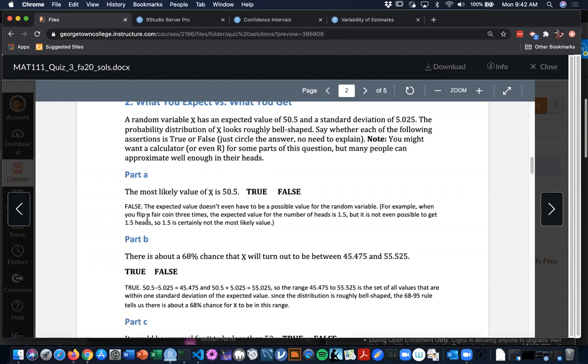We simply cannot. An example was flipping a fair coin 3 times. If you go back to the chapter 3 slides on expected value, we computed the expected value for the number of heads. It was 1.5, but you can't get 1.5 heads in 3 flips.